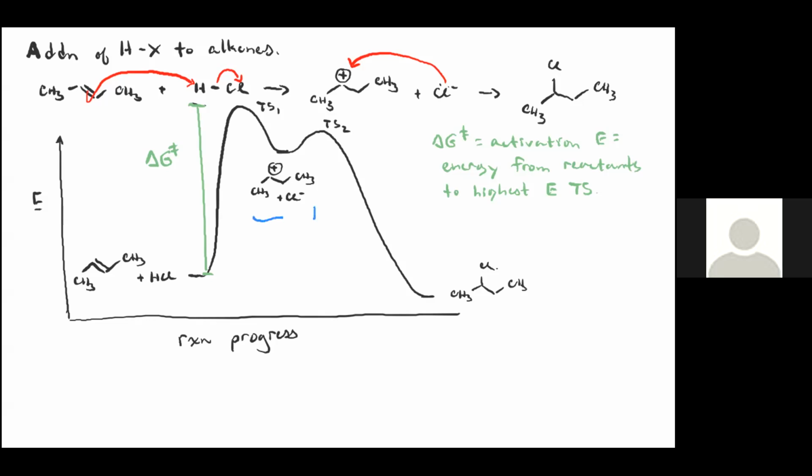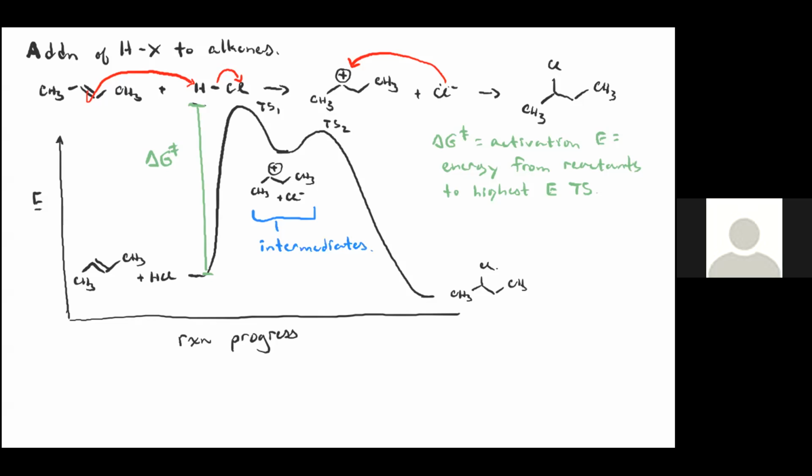We refer to the carbocation and chloride as intermediates. So intermediates are bona fide compounds en route to a product. And so they undergo further transformation, but they themselves are discrete entities along the pathway.